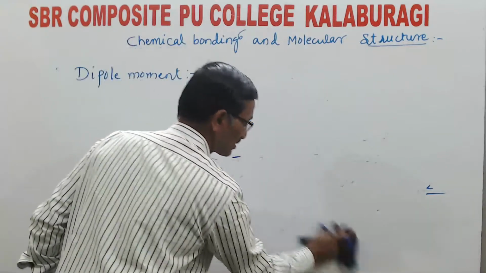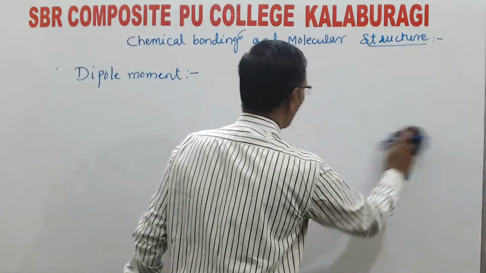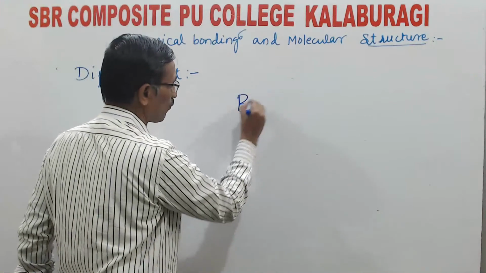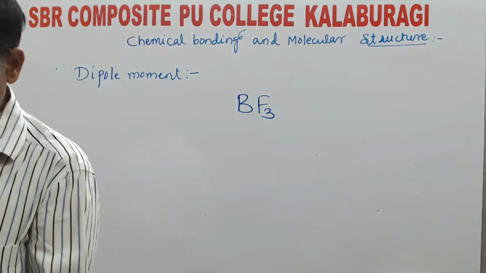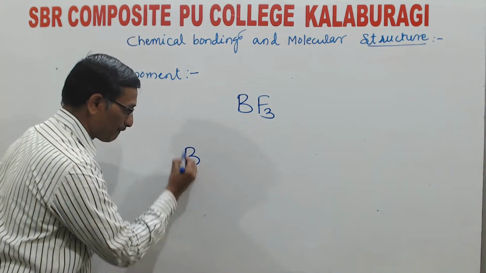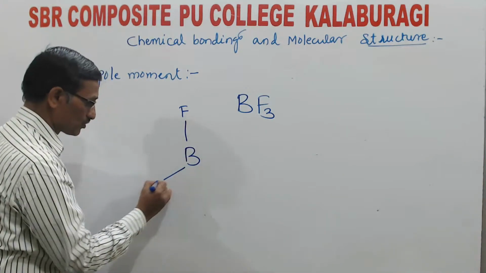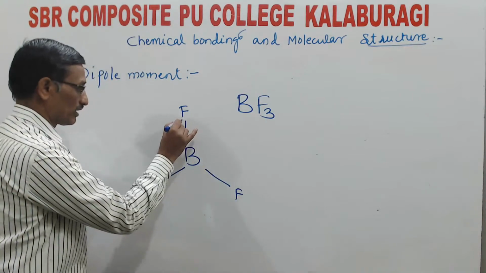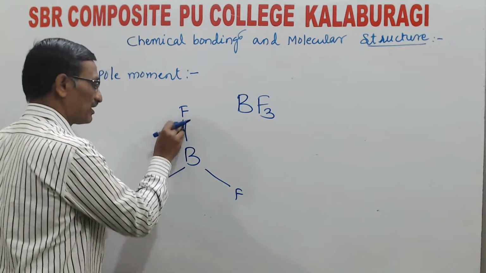Now coming to the next example. If you consider boron trifluoride, BF3, is it polar or non-polar? That one also we will discuss. The central atom is boron. Now, 1, 2, 3. No need to go for the geometry now itself.